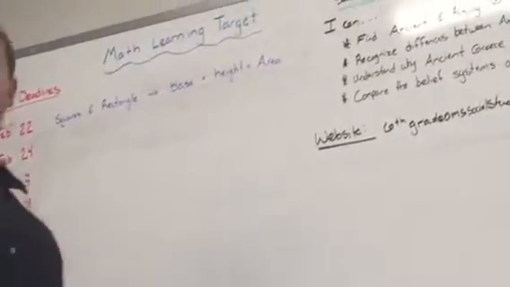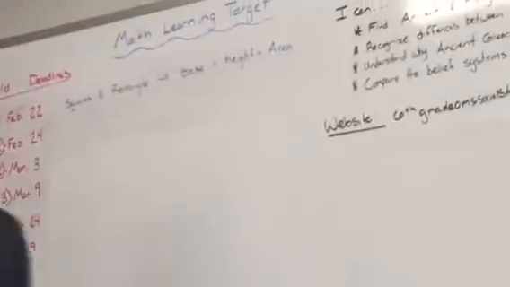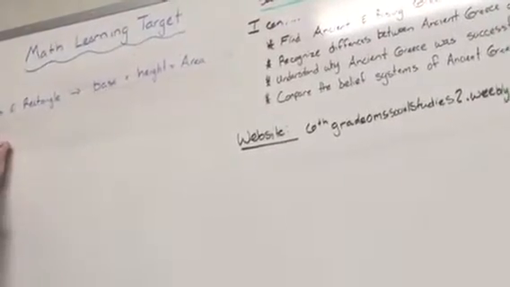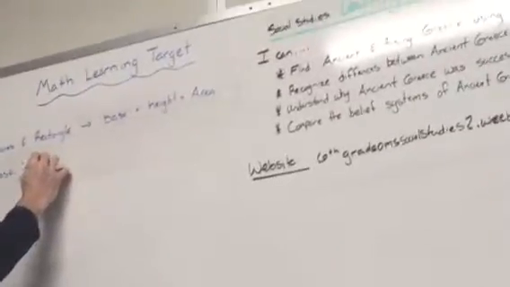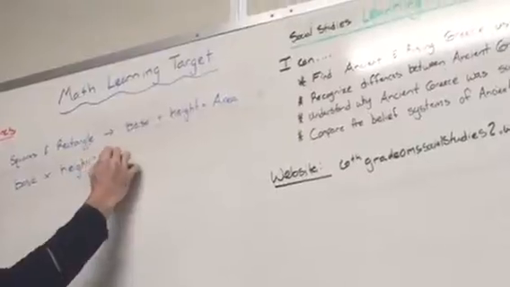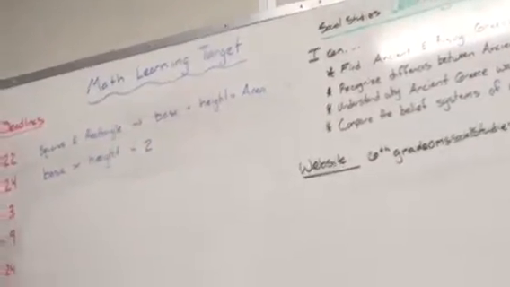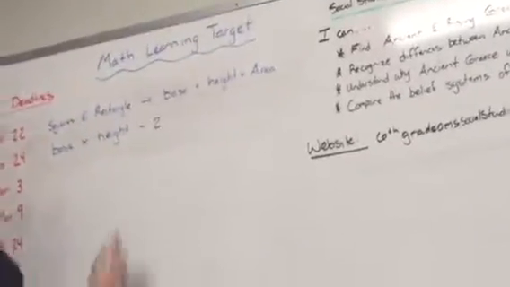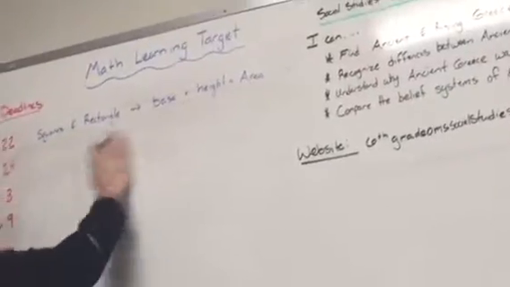Okay, triangles. We found out that a triangle is half of a rectangle or square. So, how do you find the area of a triangle? Base times height. Divided by 2. Okay, you could go divided by 2, or what else could we do? Half. Yeah, oops, I need to put triangle here.